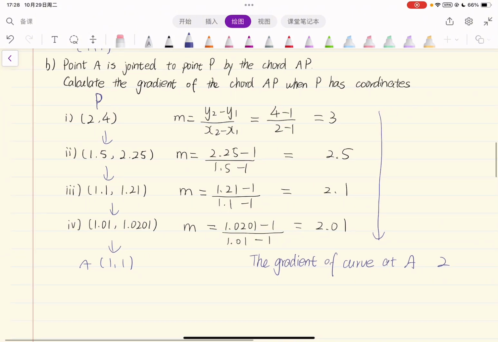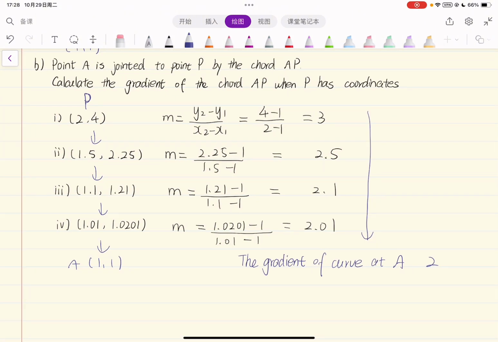So we can use this approach to find the gradient of the curve at any given point. Now let me formalize this approach.